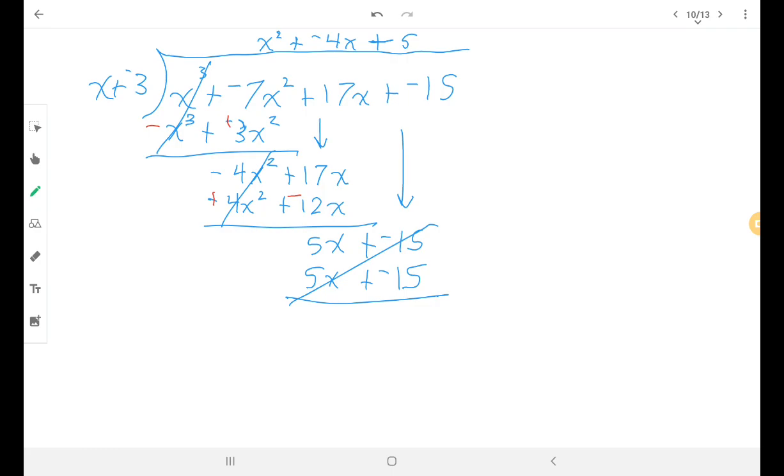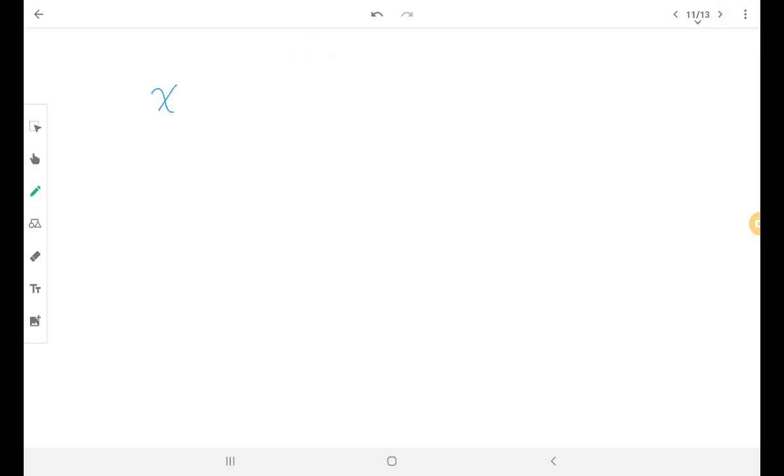X squared minus 4x plus 5. And so now I'm going to take that, set it equal to 0, and solve it. Now it would be great if this would factor. So let's try it. I would need x and x.